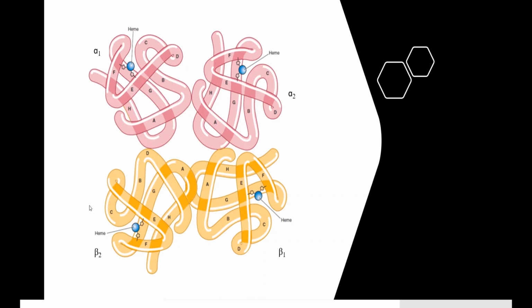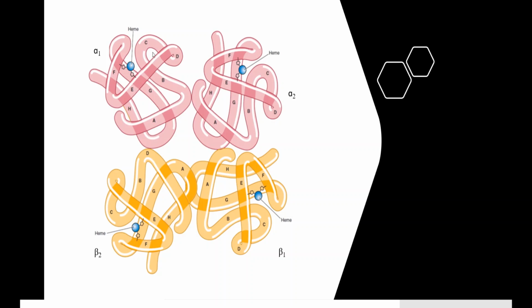But for the sake of discussion for this topic, allow me to use the predominant hemoglobin in an adult, which is hemoglobin A1, also known as hemoglobin A. Hemoglobin A, or A1, is composed of two alpha chains and two beta chains.